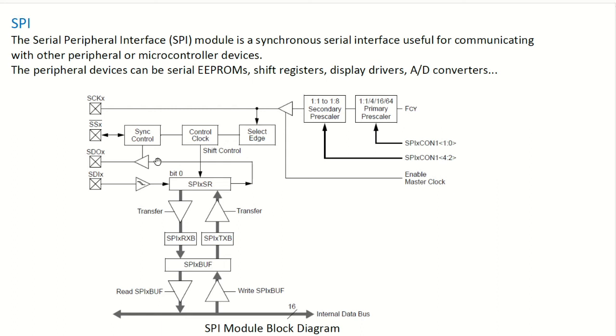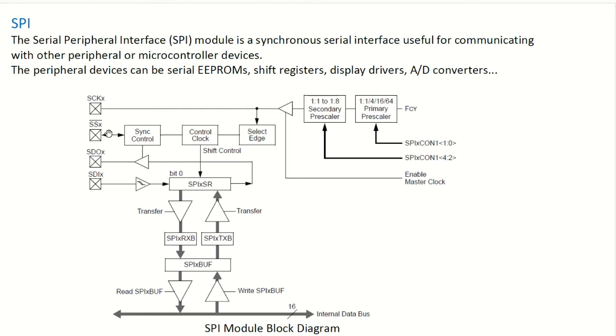We saw it earlier. It requires four connections. SDO, serial data output, is called master output slave input, and SDI is master input slave output. So the slave will give data to the microcontroller, and here the master will give data to the slave, to the screen, or to the sensor.